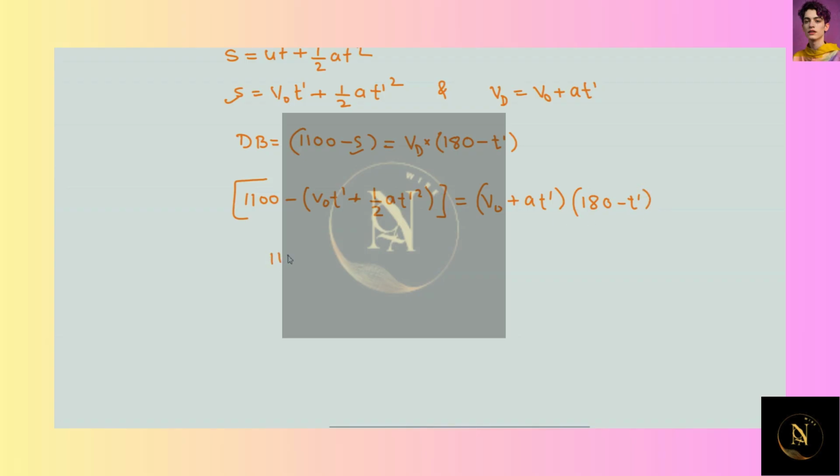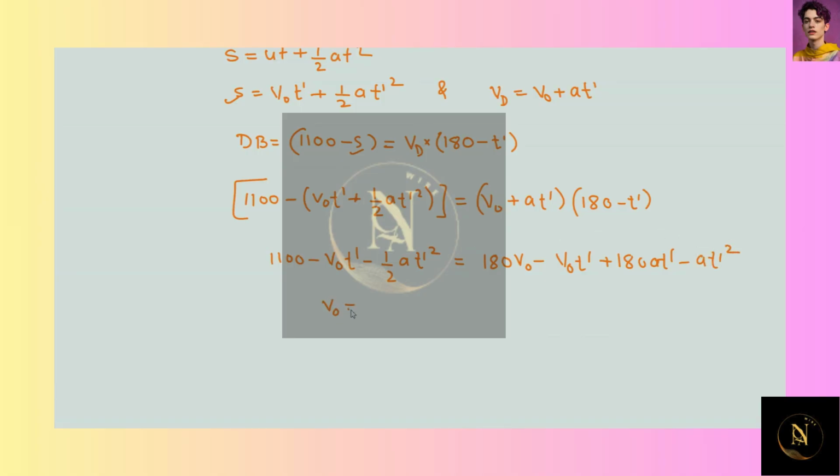Taking these values out of the bracket, 1100 minus V naught T dash minus half A T dash square is equal to, multiplying these two, 180 V naught minus V naught T dash plus 180 A T dash minus A T dash square.